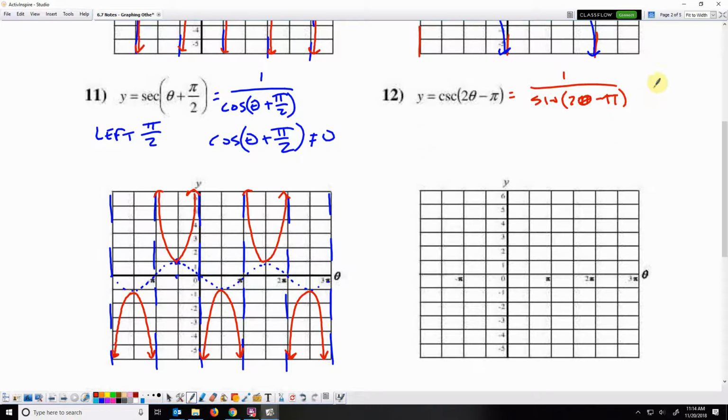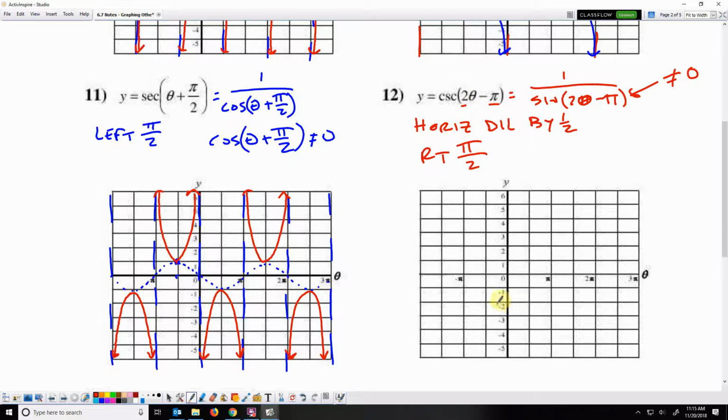So this right here cannot equal 0. The transformations that take place, there are 2 of them. There's a horizontal dilation by 1/2, so it's going to get narrower than usual, and it's going to move right pi over 2 units.